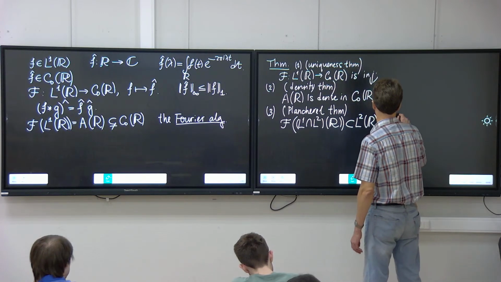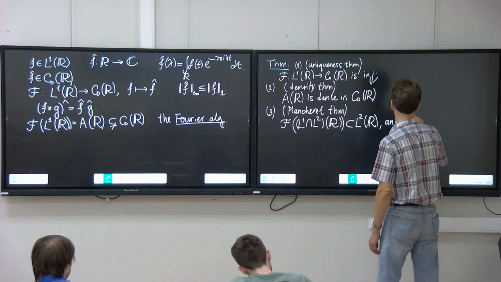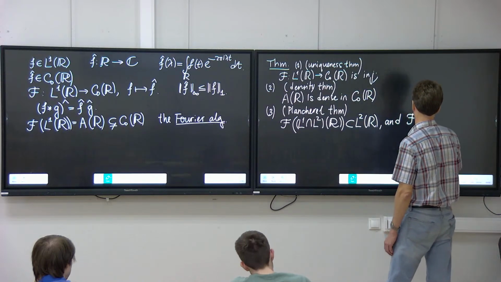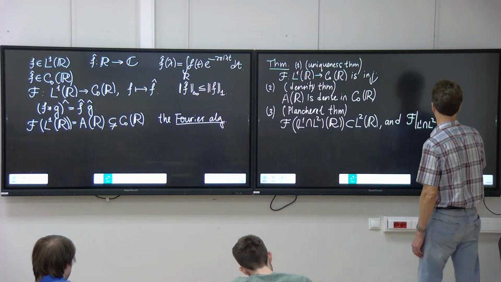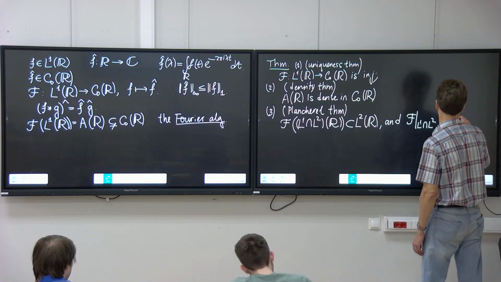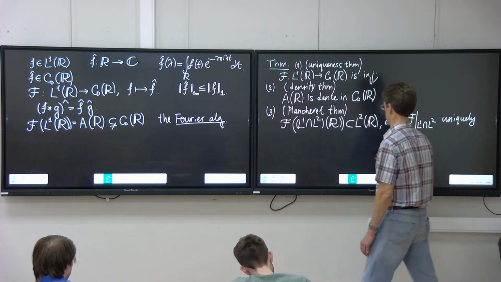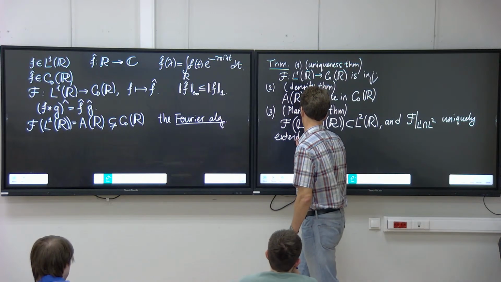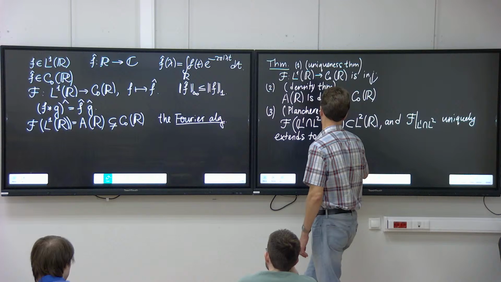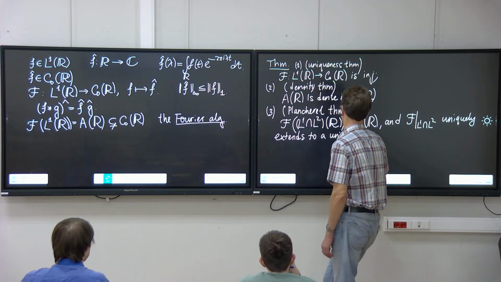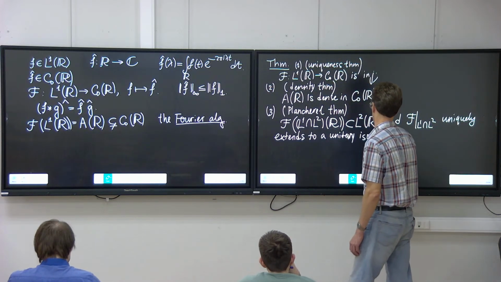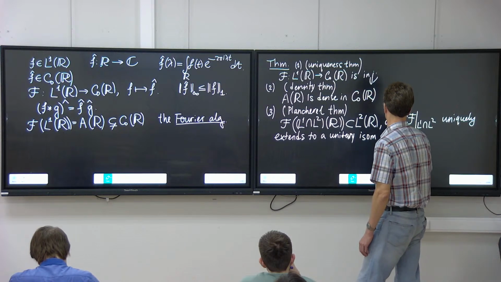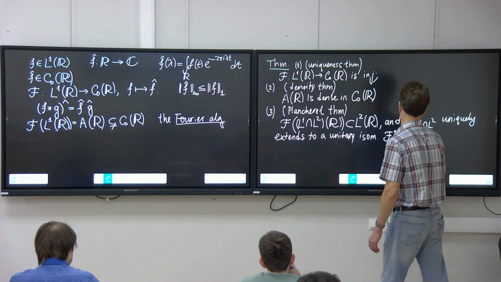And moreover, this restricted Fourier transform, the Fourier transform restricted to the intersection of L1 and L2, uniquely extends to a unitary isomorphism from L2 onto itself, which will be denoted by F dot.